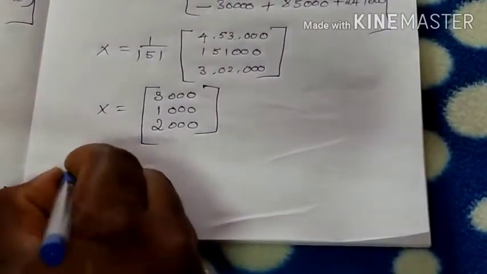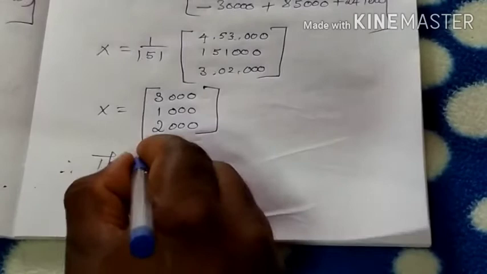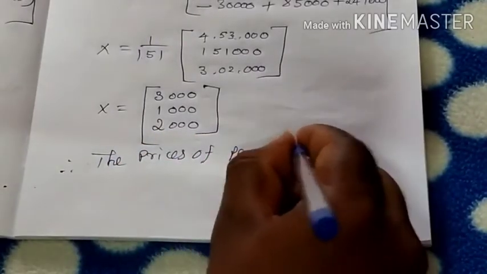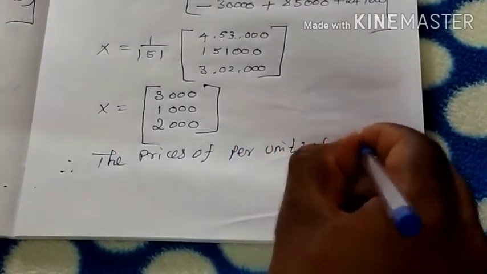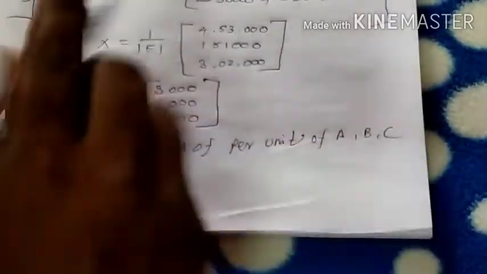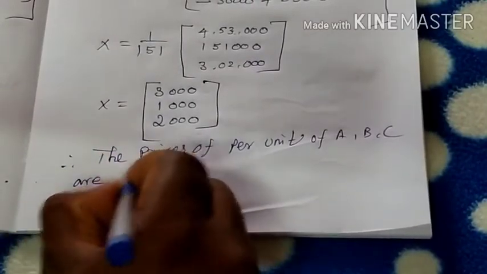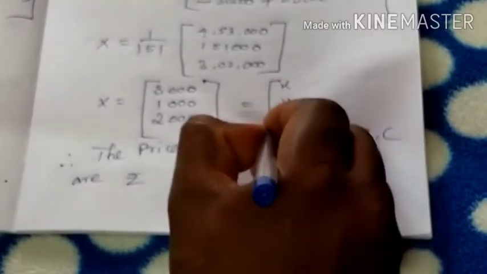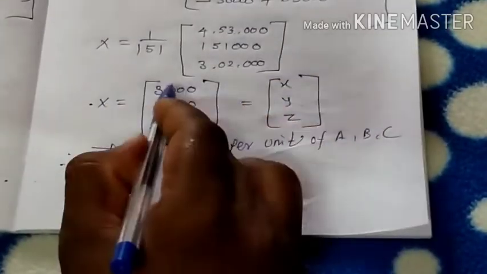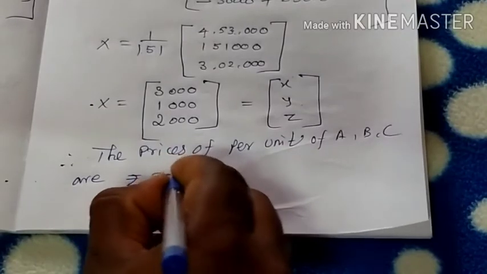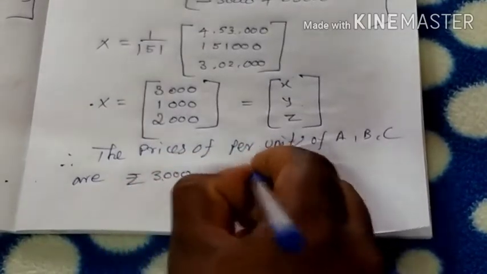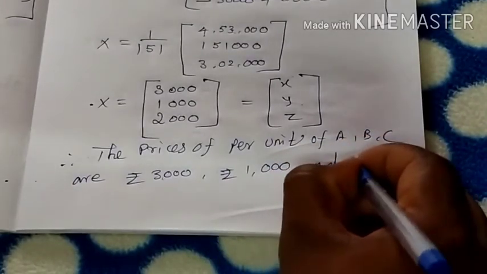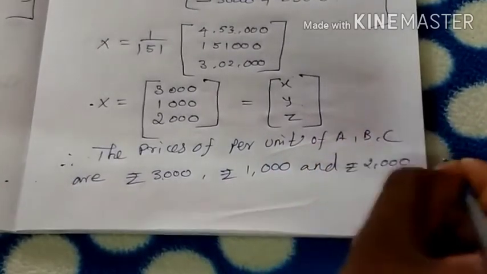Therefore the prices per unit of A, B, C are rupees x, y, z respectively, where x is equal to rupees 3,000, y is equal to rupees 1,000, and z is equal to rupees 2,000.